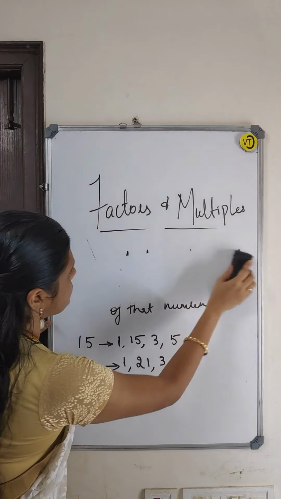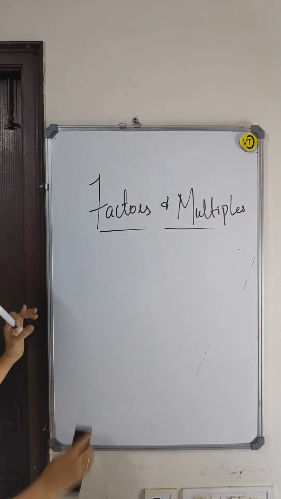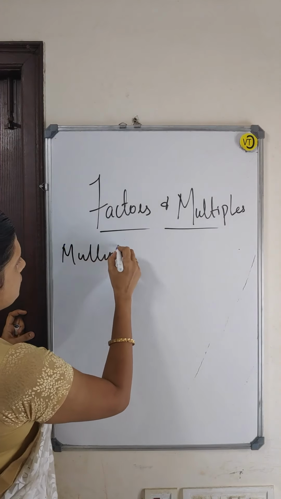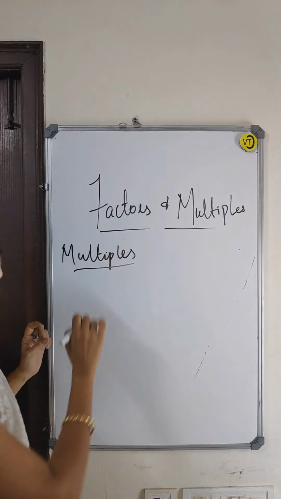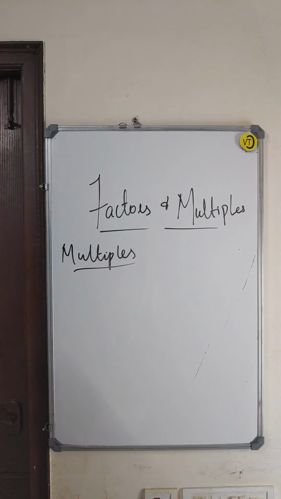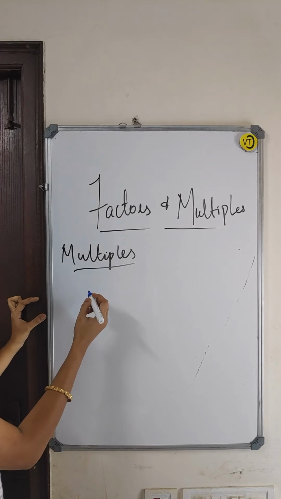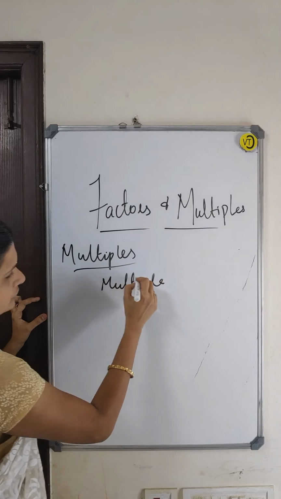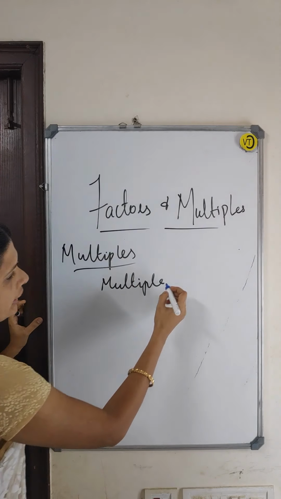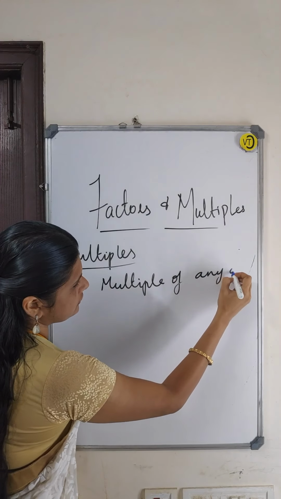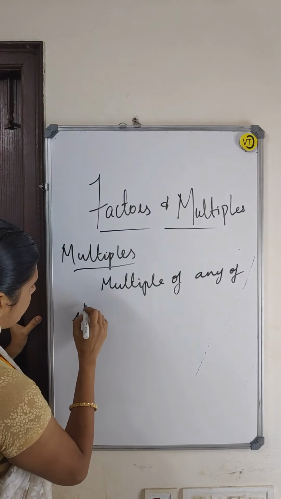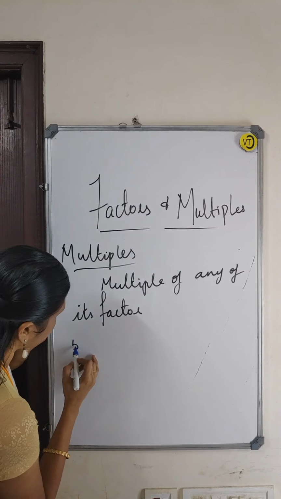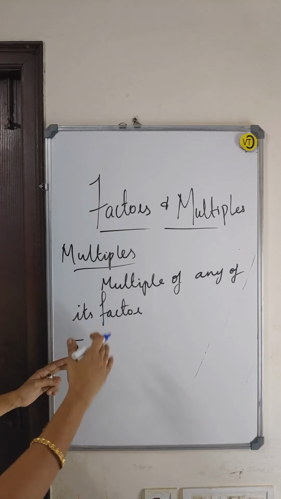Then I am going to talk about the multiples. What is meant by multiples? A number is said to be a multiple of any of its factors. For example, I am writing 5. What are the multiples of that?